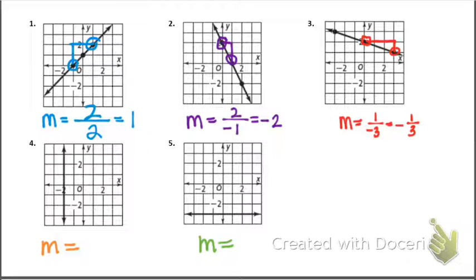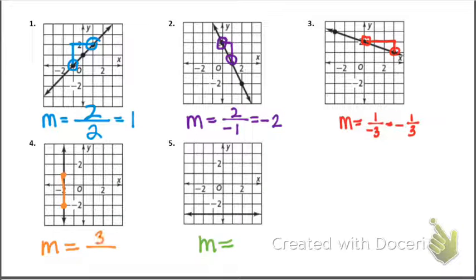Okay, how are we doing so far? Okay, let's look at number 4. So number 4, you can pick any 2 points. I'm going to pick this one and this one. So just pick 2 points and mark them right now. And we're going to count the rise over the run. So rise from my 2 points are 1, 2, 3.